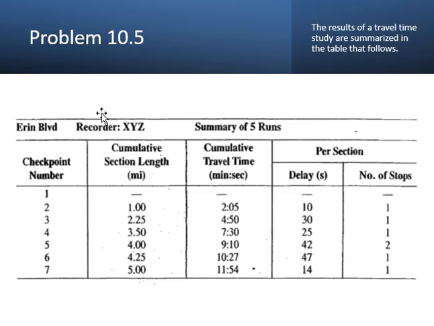Then they also found the observation for delay, but the delay is not cumulative. Delay is for this section only. So this 2.25 is cumulative, meaning from 1 to 3. Same thing with the travel time. But the delay, this 30 seconds, is not from 1 to 3. It's between these 2 points, 2 and 3. Clear? Same thing with the number of stops.